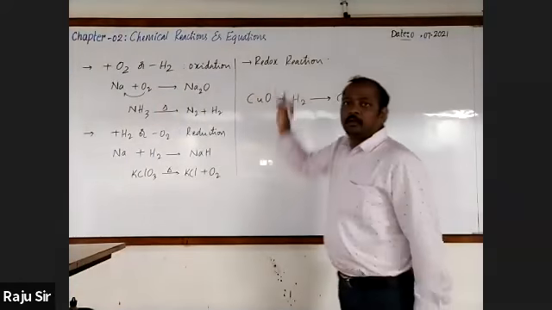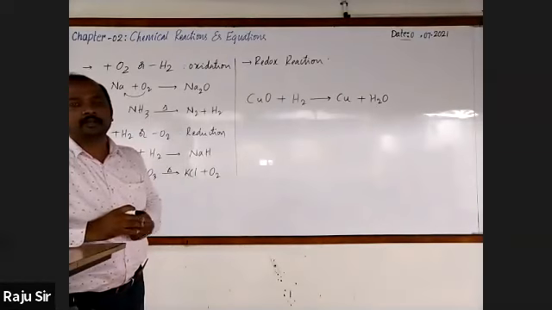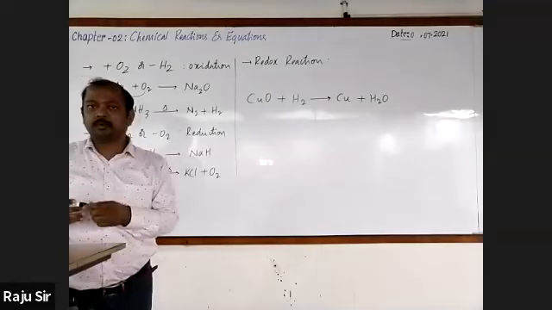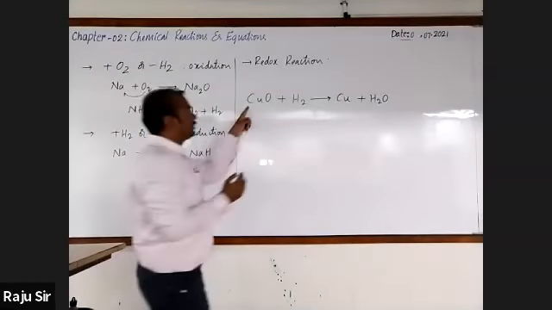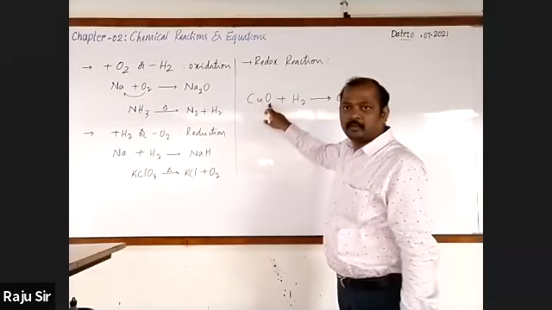Also, here why is it called redox reaction? If it is a redox reaction, in that reaction both oxidation and reduction should be shown. Look at it. Here copper oxide is there.